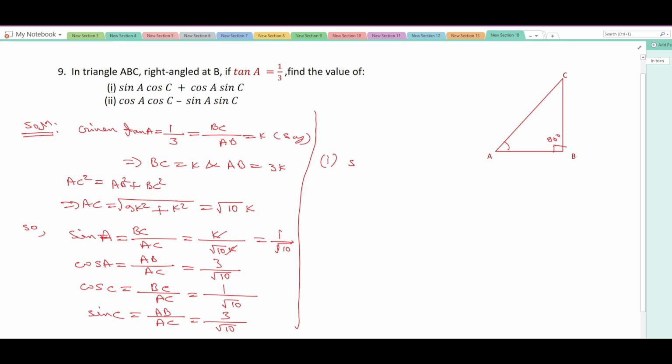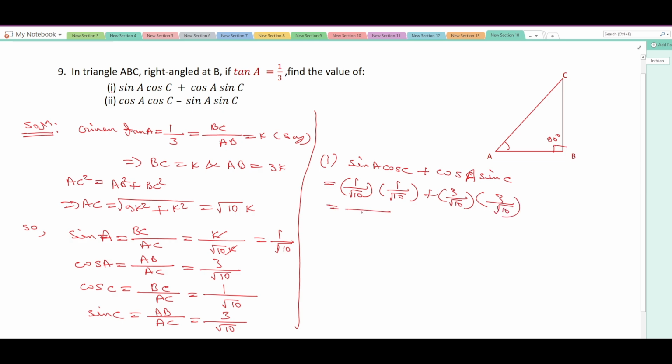Now question number 1. Sin A cos C plus cos A sin C equals: sin A equals 1 by root over 10 and cos C equals 1 by root over 10, plus cos A equals 3 by root over 10 and sin C equals 3 by root over 10.